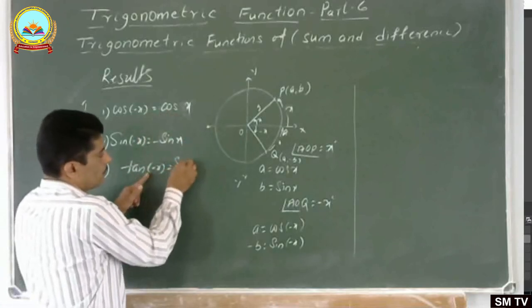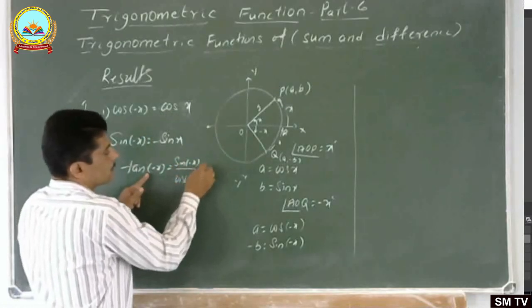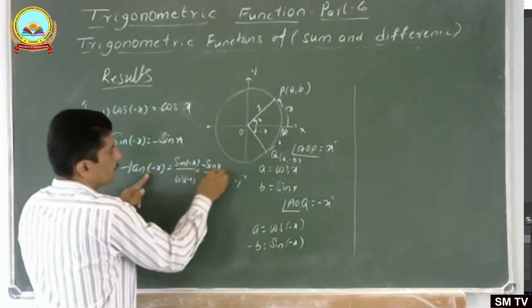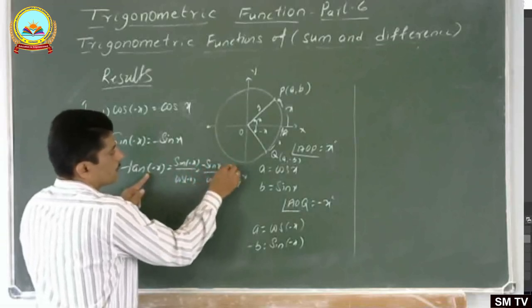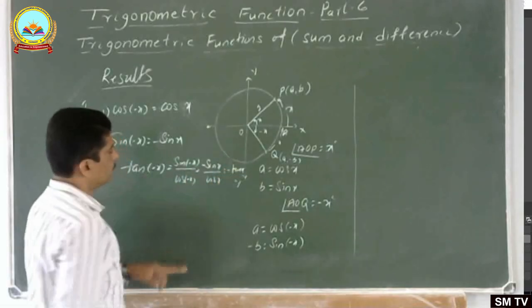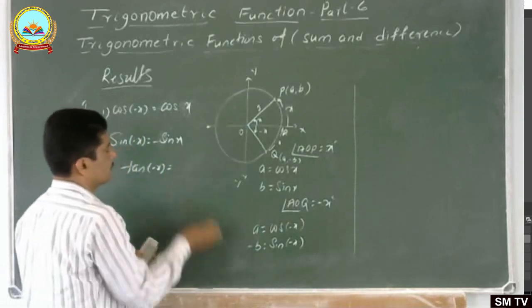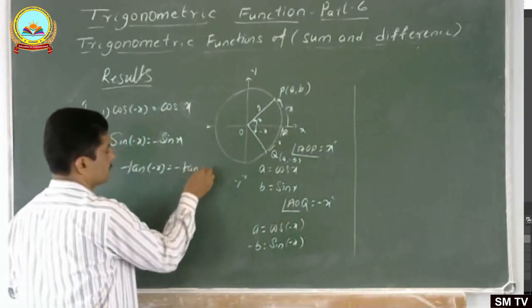It means sine of minus x divided by cos of minus x. Its value is equal to minus sine x divided by cos x. Therefore, tan of minus x is equal to minus tan x.